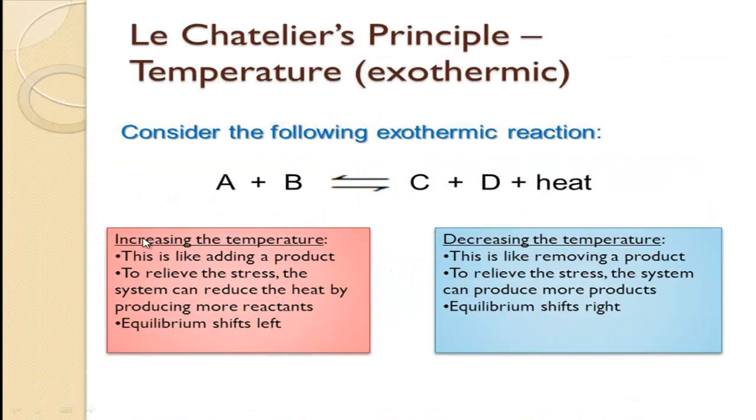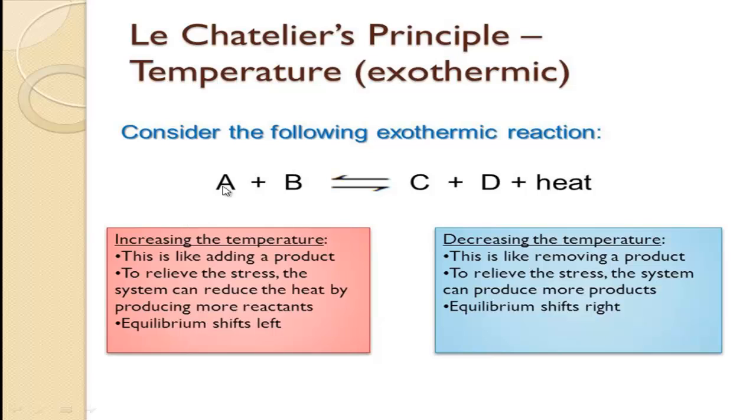Follow this. Let us consider a reaction which is exothermic. That means heat is produced from this reaction. When a reversible reaction is exothermic, its forward reaction is exothermic, but its backward reaction must be endothermic.